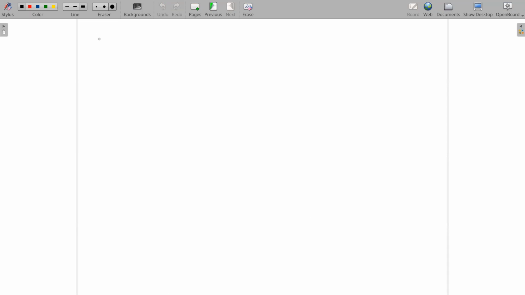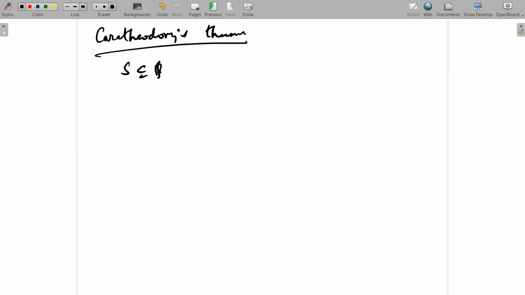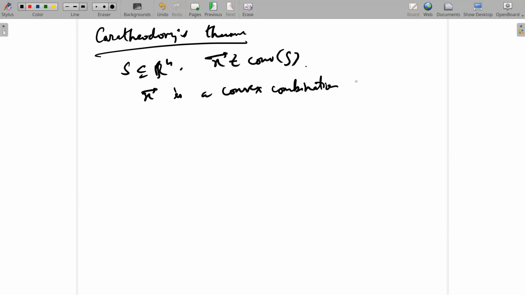Just to remind you, it said that if you have a subset S of R^n and x belongs to the convex hull of S, then x is a convex combination of affinely independent points of S. And there was a small question by Ramakrishna about the proof.